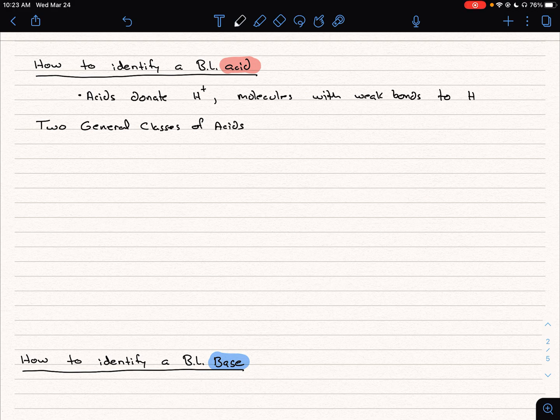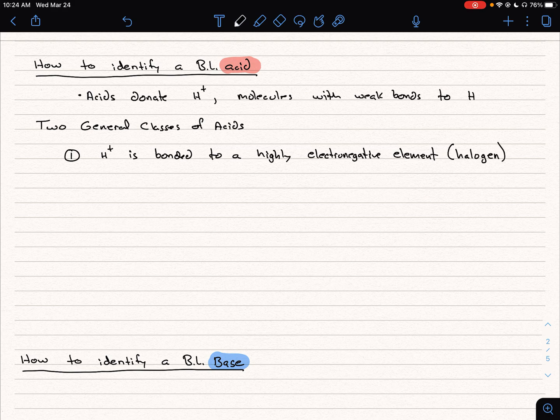And the first class of an acid is when H plus is bonded to a highly electronegative element, such as a halogen.